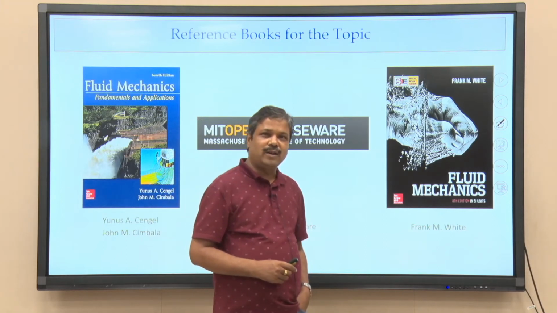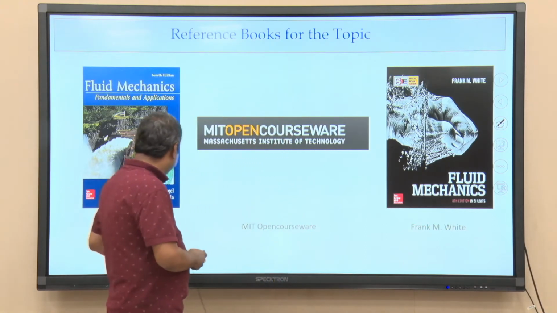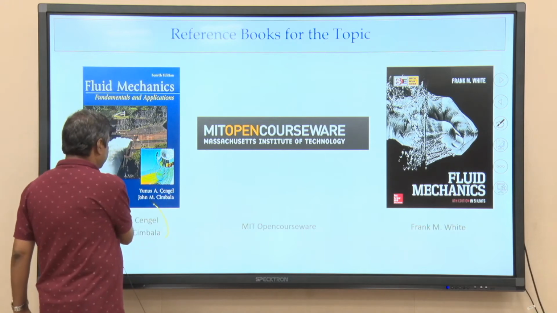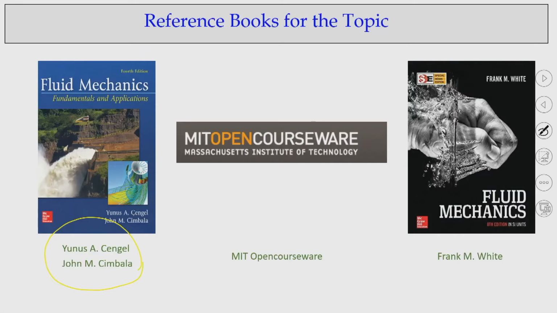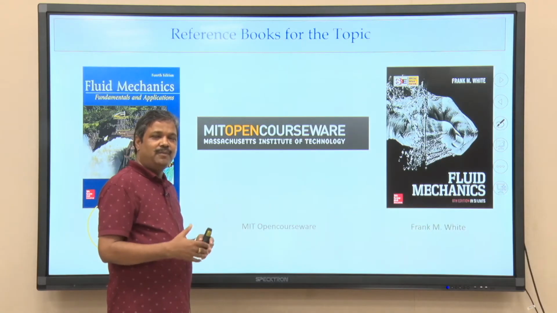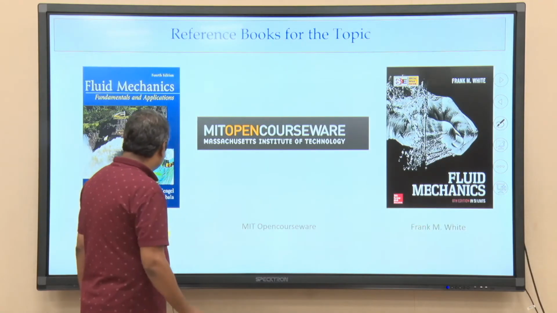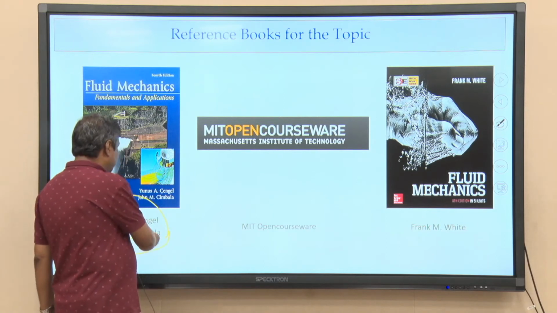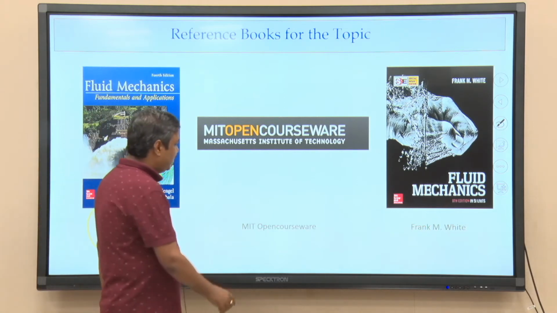Most of what I am covering, the derivations part, comes from the Cengel-Cimbala book. If you are not following the derivations line by line, I encourage you to go through the Cengel-Cimbala book.